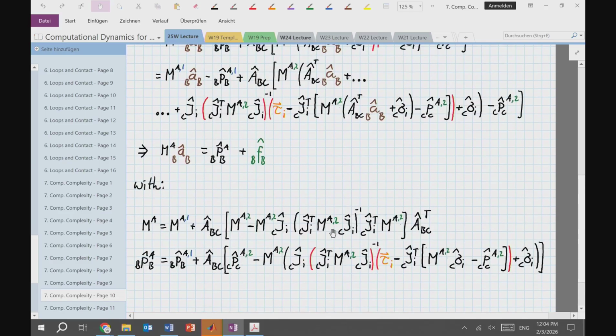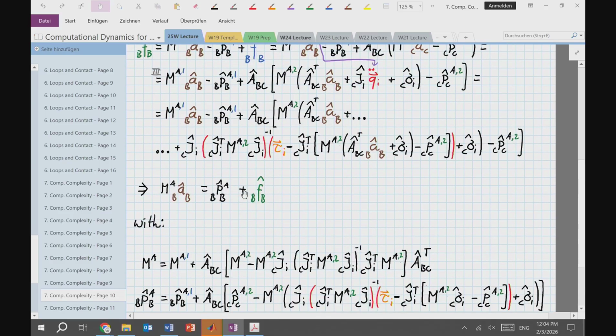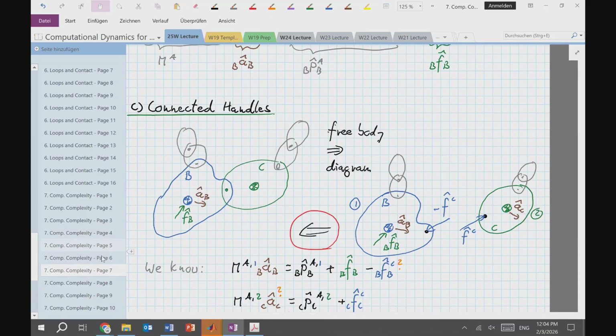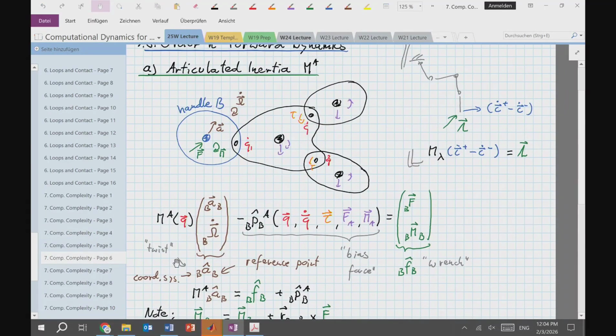And just rearranging, I can then rewrite this as MA times the spatial acceleration of body B is some bias force plus the force that is acting on the handle. And that is now proof that my bold claim here is actually true.